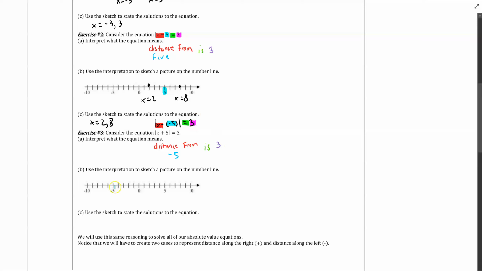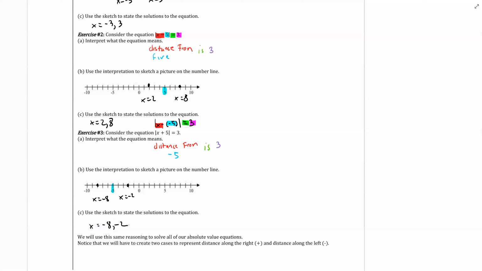So we can center around negative 5, and 3 to the left would be negative 8, and 3 to the right would be negative 2. So our solutions are negative 8 and negative 2.